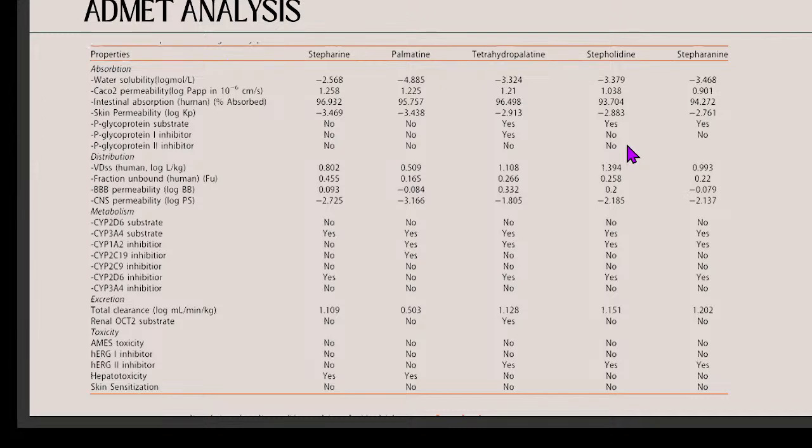In excretion, there are total clearance and renal OCT2 substrate, and for toxicity, AMES and a lot of other things are involved. Now you can see I haven't mentioned the guideline values, but all of the values fall under the guideline value.